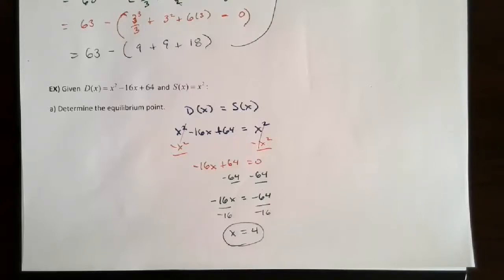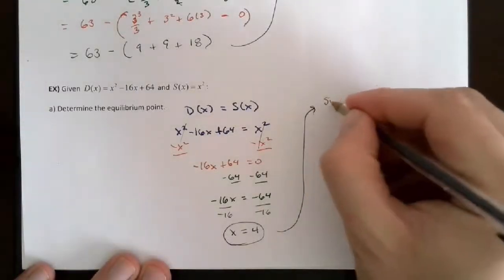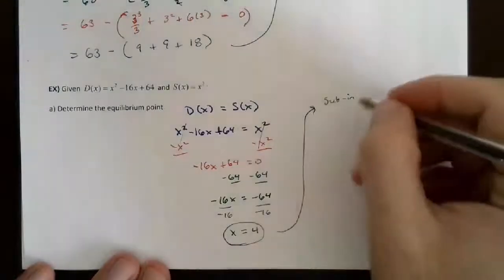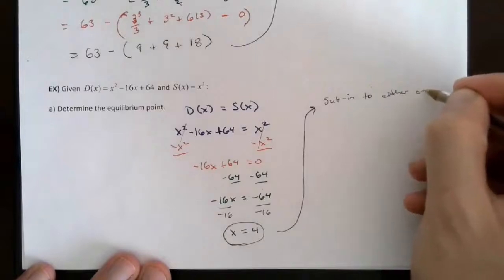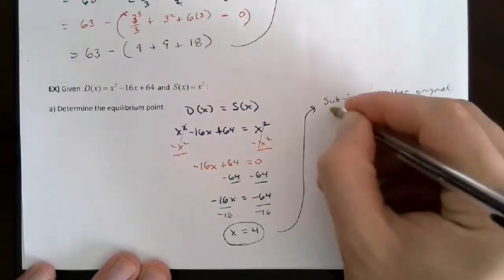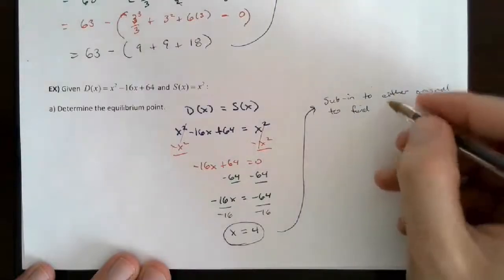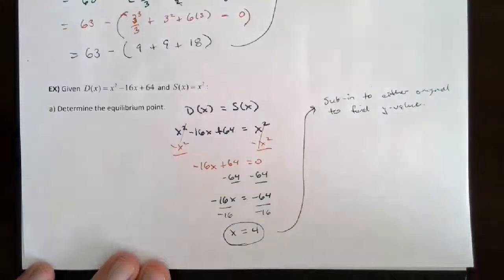Well, what's the price? Alright, so now we'll sub in, doesn't matter to which one, into either original to find the y value. In this case, the y value, remember, is the price per unit.